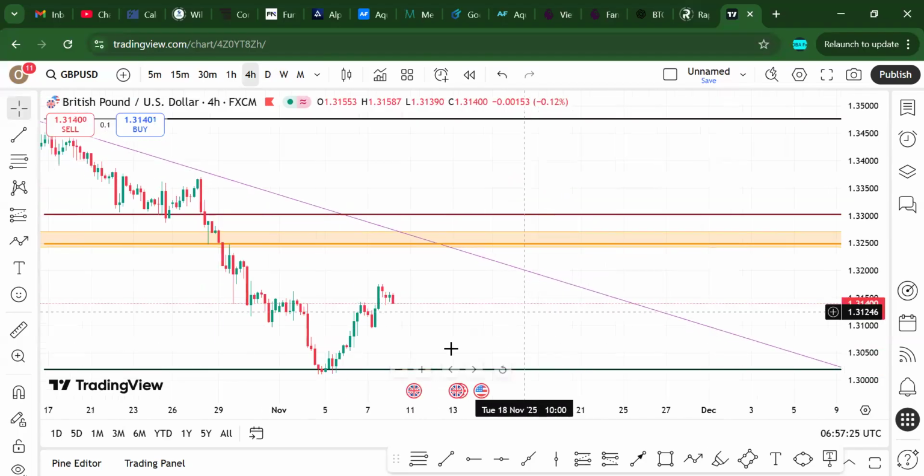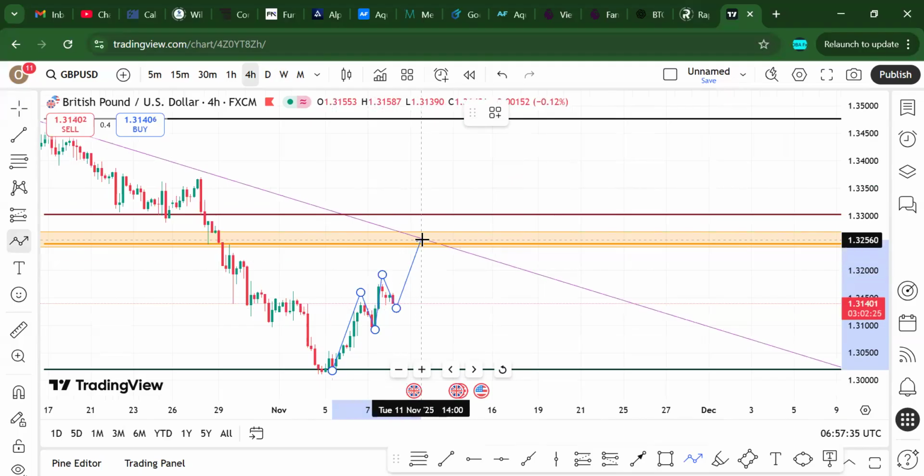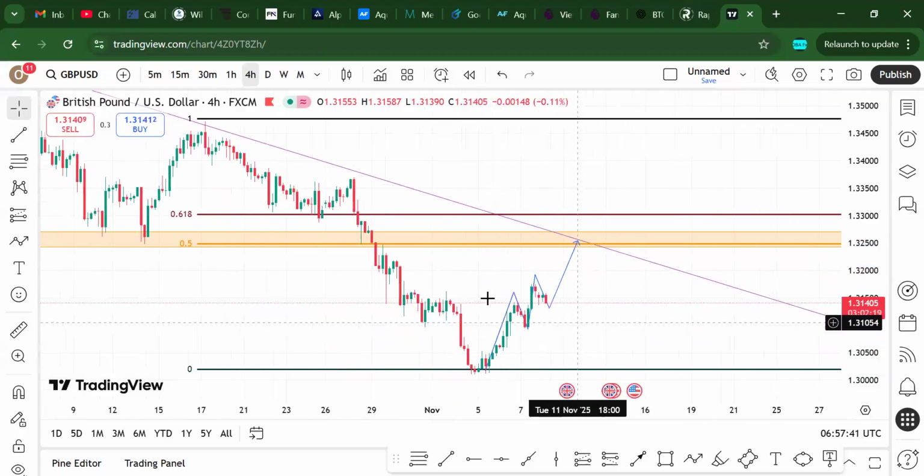Why is it retracing? Because if you look at the setup now, this is what the market has done, a higher high, there's a retracement, which means it's heading towards this destination that I had predicted earlier.